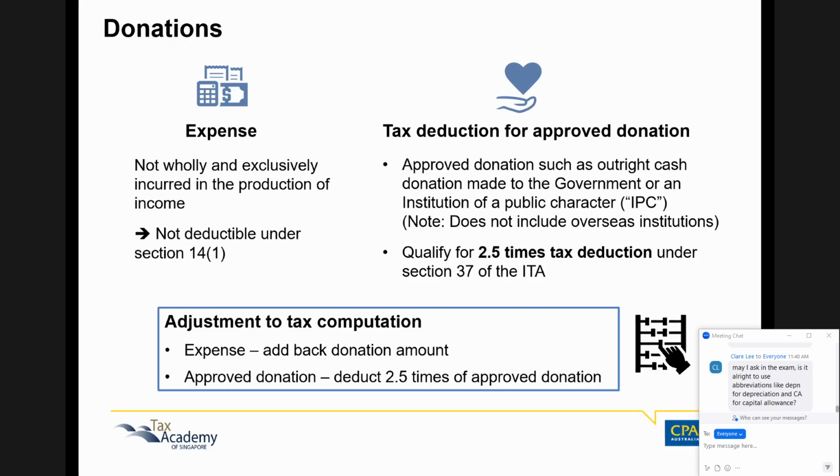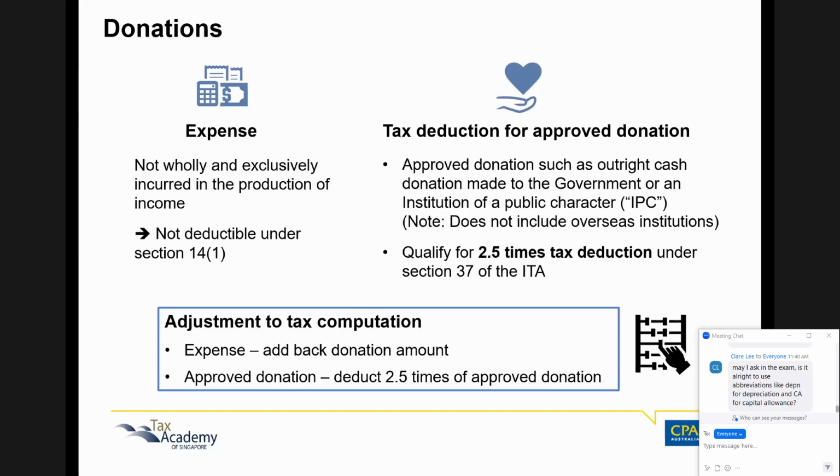If you refer to your answer for case study question 2, you'll see near the bottom, maybe three quarters down the page, after you add back, you get your taxable income, then you less donation. So this donation, you will see this working: approved donation amount times 250%. In the exams, I will award points for workings for donations too.